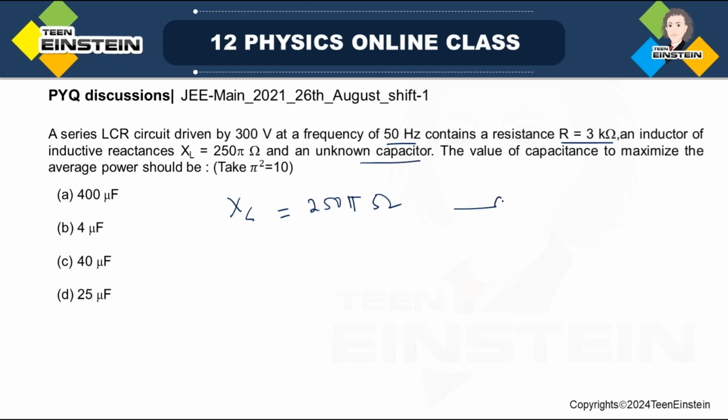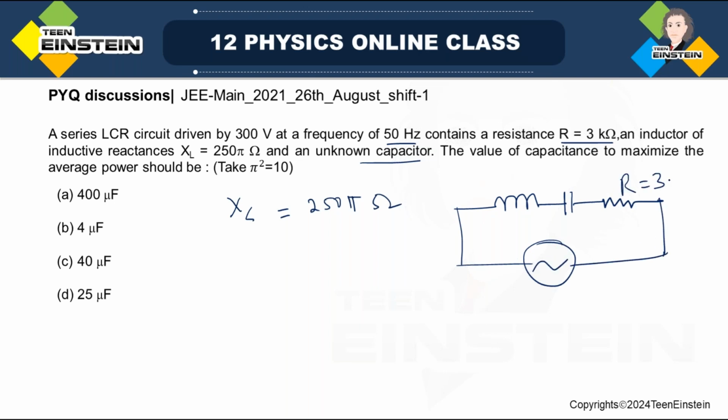So in the LCR series circuit, this is an AC circuit obviously. So R is given as 3 kilo ohm, that means 3 into 10 to the power 3 ohm. C is unknown, and L is not given, but what is given is XL, and frequency is given.